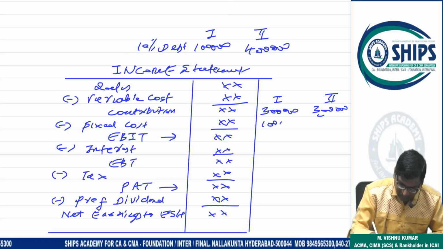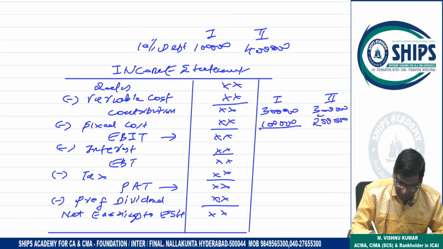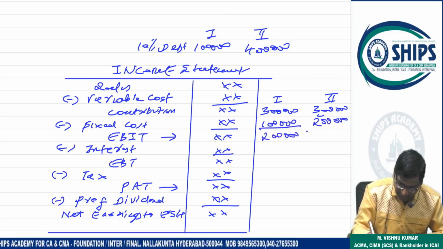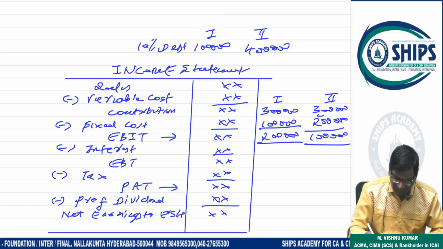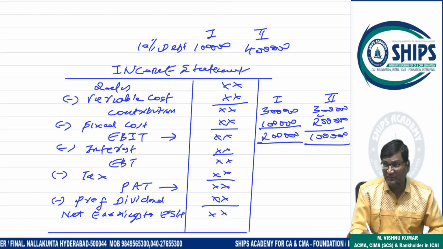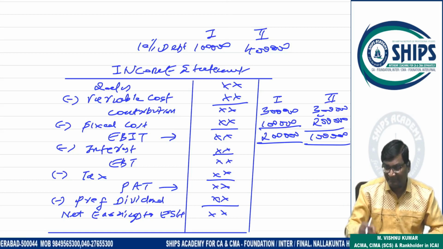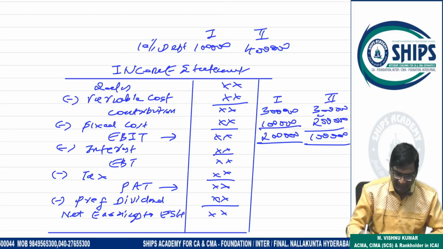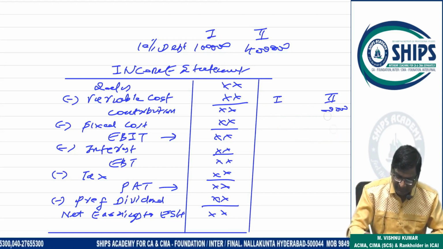Fixed cost, suppose first case 1 lakh, second case 2 lakhs. So here EBIT will be 2 lakhs. Here EBIT will be 1 lakh. So it means due to increase in fixed cost, EBIT is changing. So this is also defined as what? Variability in EBIT. Okay? This is operating risk.